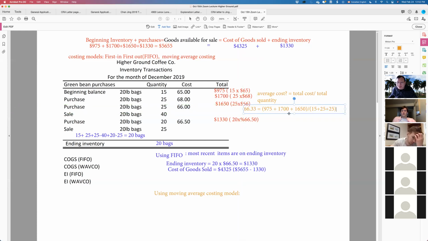Does this make sense? Oh, I calculated the actual cost instead of the total cost. My bad. But does the way I do it make sense? Yes. Okay, so this number is not right. So what is the number?